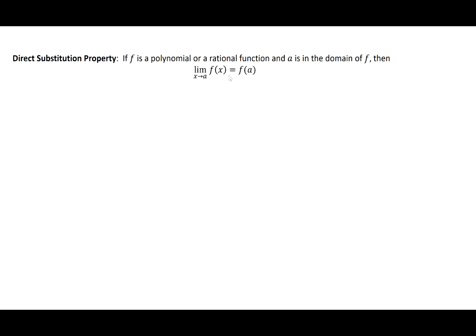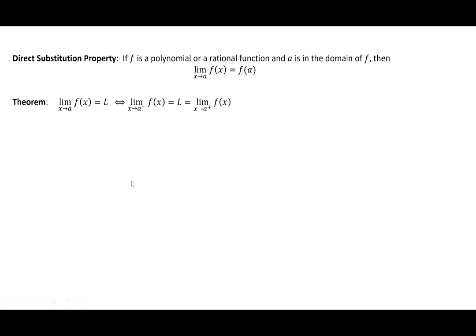Did that make sense? If you have a rational function where when you plug in a, the denominator goes to 0, such an a cannot be in the domain. But if you don't have any issues like that, yeah, the limit of f of x as x approaches a is simply equal to f of a. That's the point here. Cool? All right. Theorem.